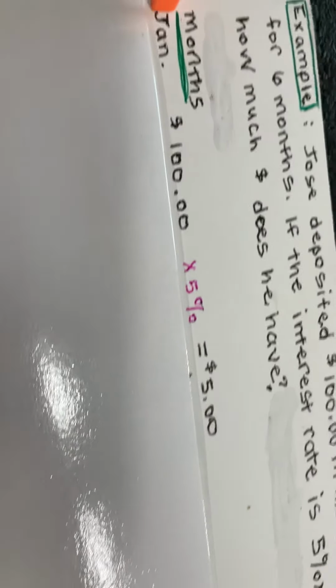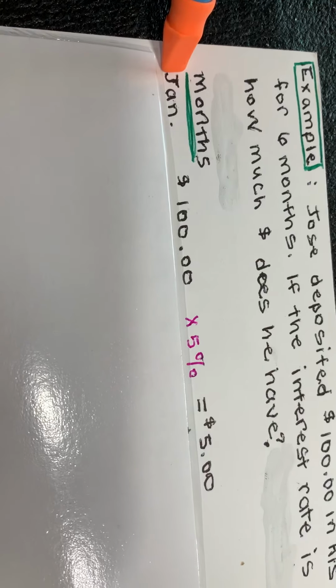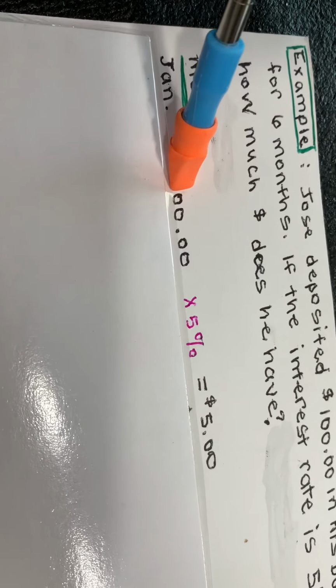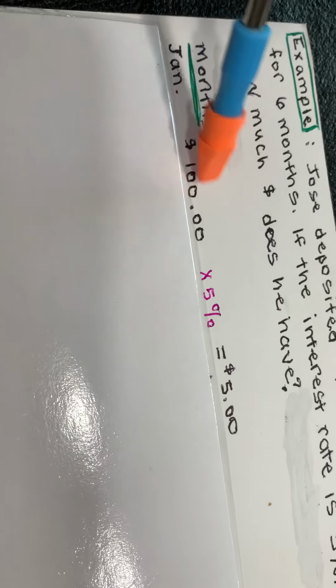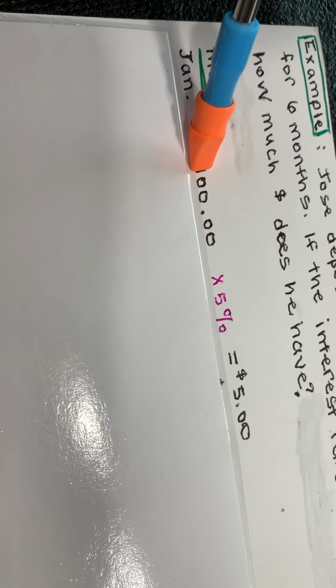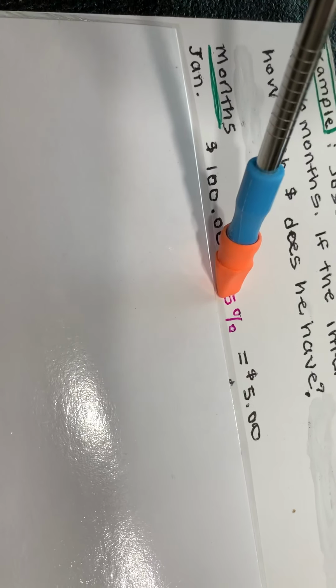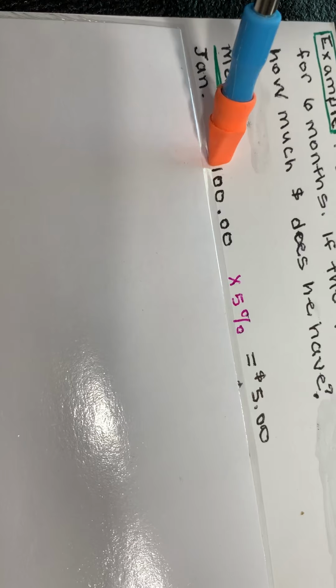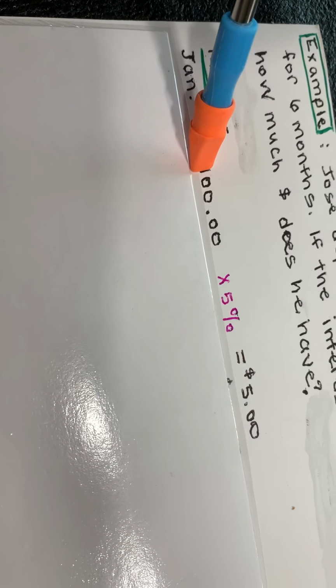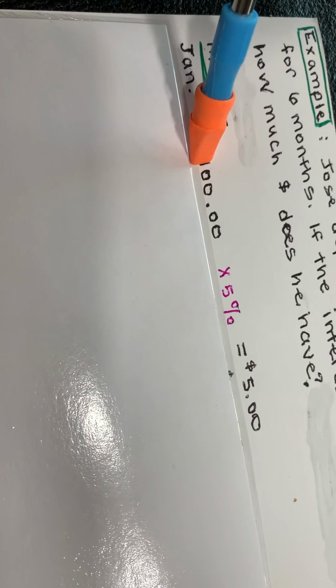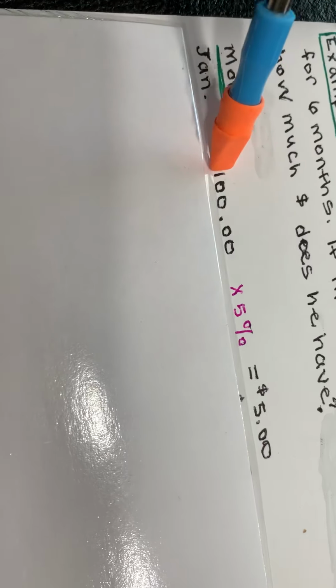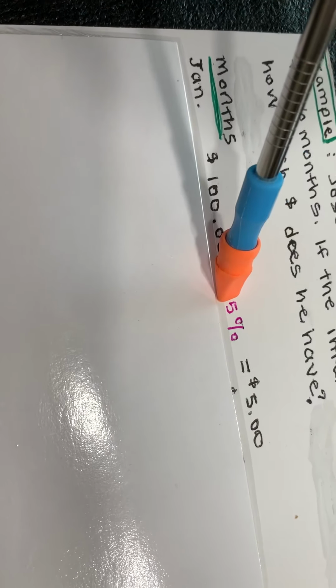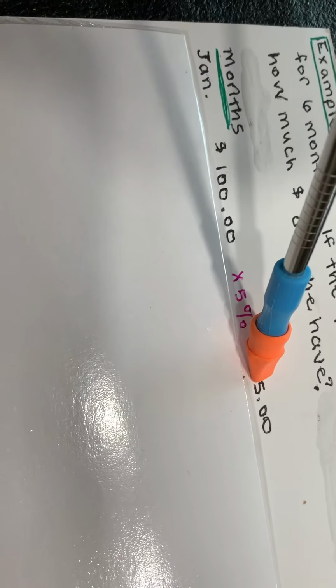Okay, let's pretend we start with January. January, Jose deposits $100. The bank says you get 5% of that $100. So let's take 5% of 100. 10% would be $10, so half of that would be $5. Or in your calculator, you can do 100 times 0.05, and that gives us $5.